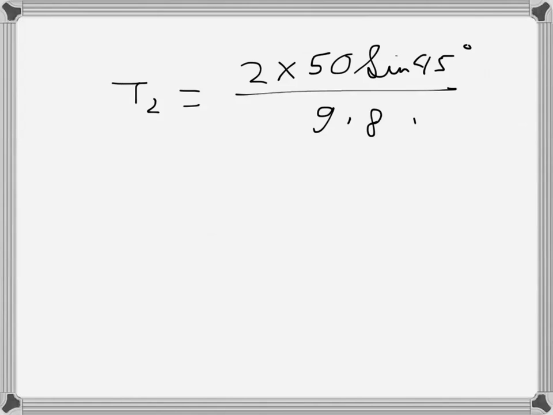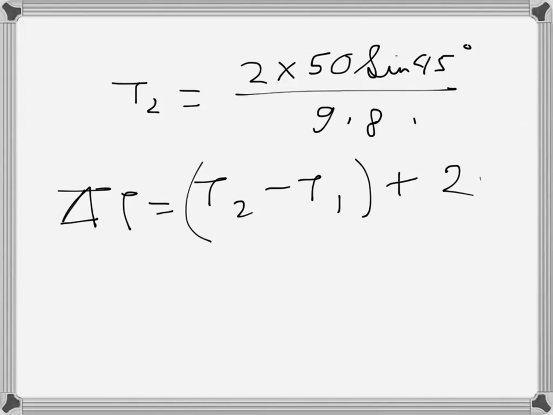So we can see that the second one takes more time, of course, because the velocity is greater. If we write delta t, the difference will be t2 minus t1, and also since it is thrown 2 seconds later, plus 2 seconds.